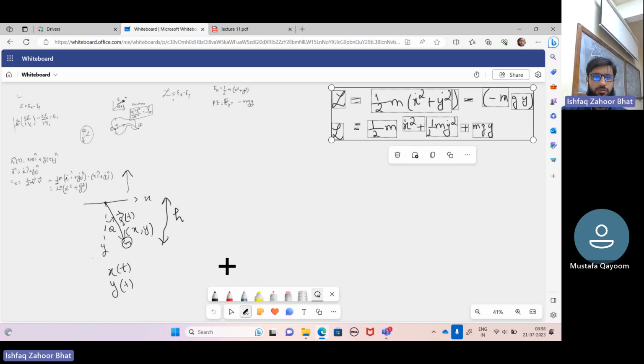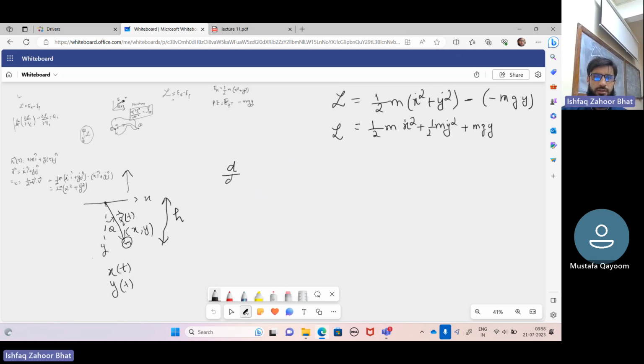Let's calculate now the governing differential equation, and that is nothing but d by dt of partial L upon partial q dot minus partial L upon partial q equal to Q. Here, the independent variables are x and y. So this is the partial of the Lagrangian with respect to x dot, minus partial of L upon partial x, equal to Q. What is this Q?